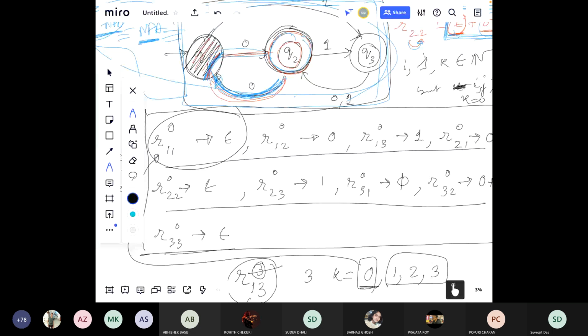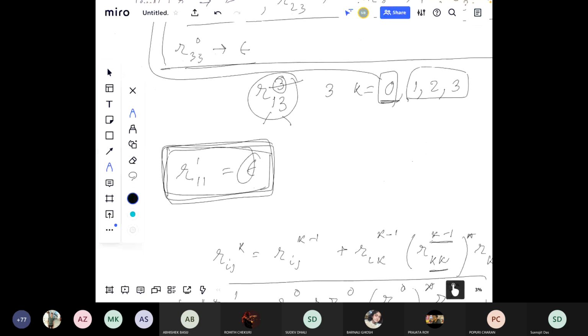So R2 to 1 means all strings that take me from 2 to 2 at most going through 1. And that contains all strings that take me from 2 to 2 not going through 1 also. So R2 to 1 contains R2 to 0. What was R2 to 0? It was epsilon, right? So that way you have epsilon plus 0 0.